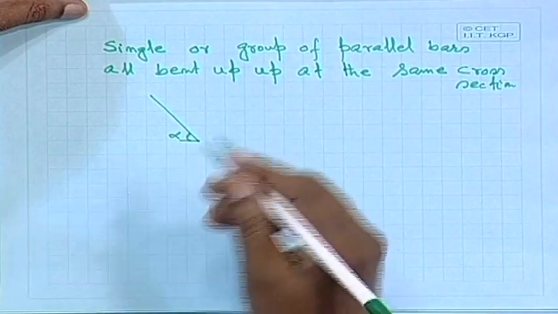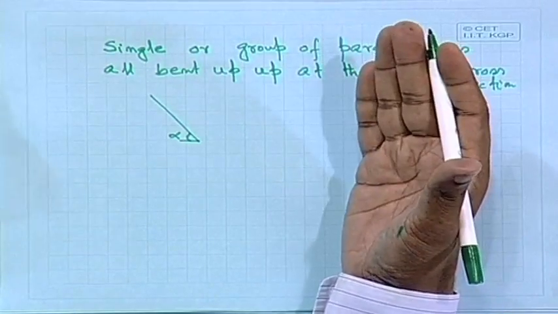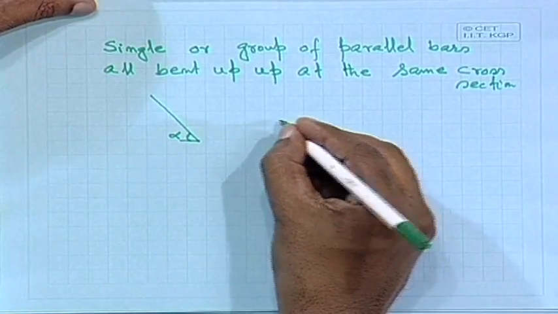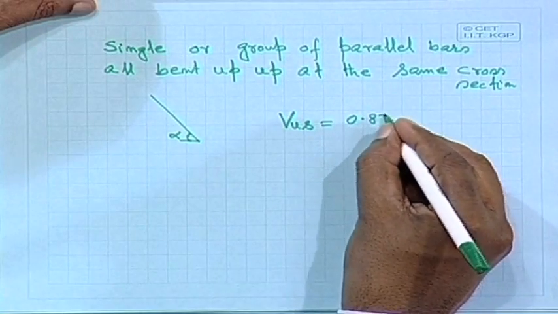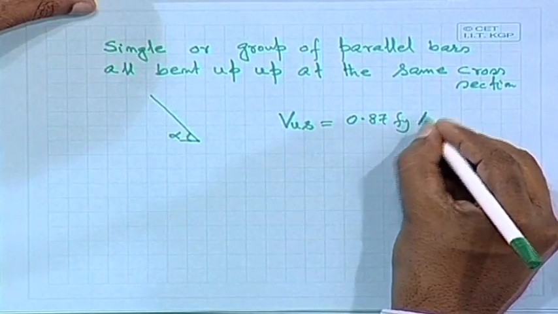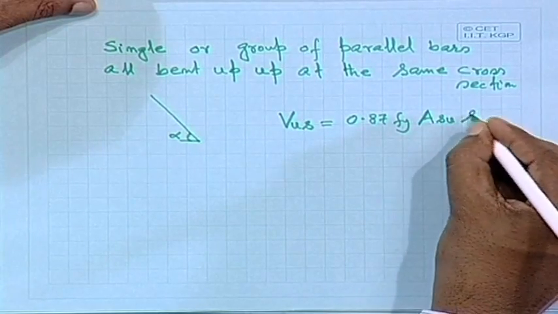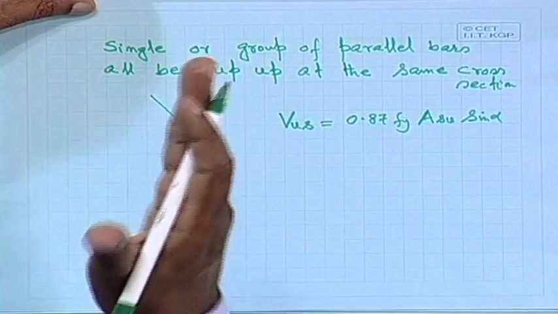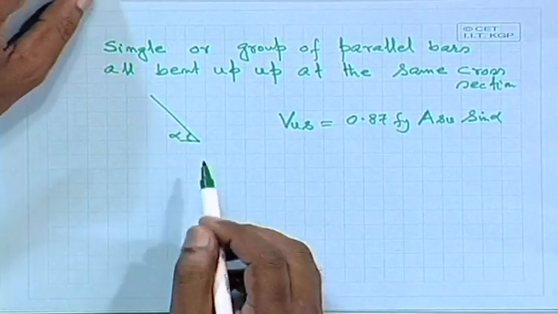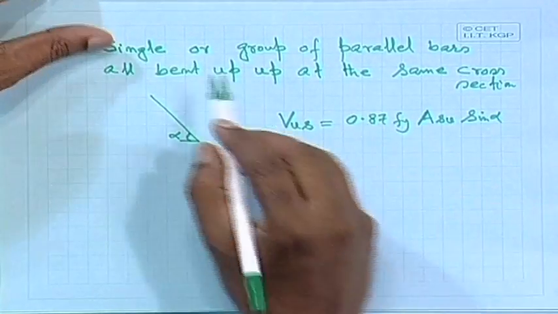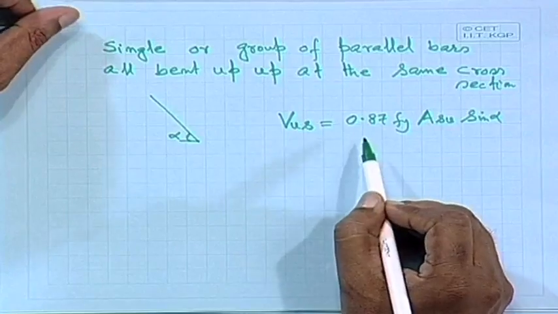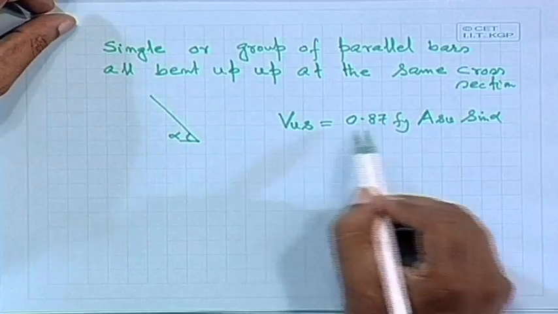It may be only a single bar or a group, that means if it is two legged, you are taking 2, or if it is three legged, it is 3. Those are at the same cross section. So, we can find out that VUS equal to 0.87 Fy times ASV times sin alpha, because we are taking the vertical component only. This is the one for the single or group of parallel bars. That is the shear resistance that you can find out using this formula.